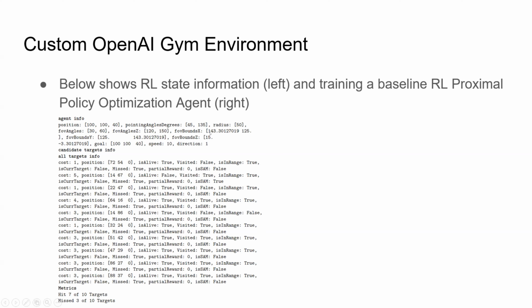Some more information about the camera bounds in terms of angles relative to these pointing angles. And then he has some information about the targets, like the importance of that target, the position in X, Y, and Z, and then some state information like, have I visited it before? Is it within a 50-meter range, etc.